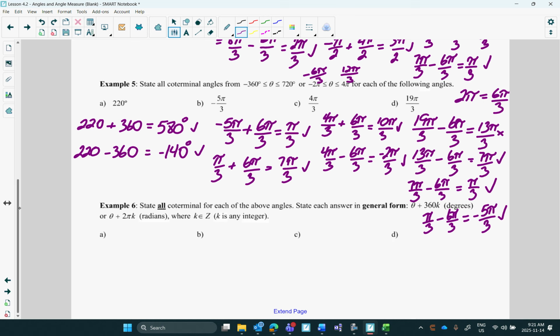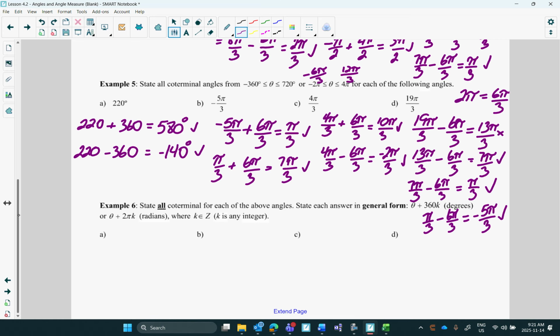Finally, and this is just notation that you have to remember. What if you were asked to find all coterminal angles? There was no restriction in the interval. Very straightforward. If it's in degrees, write this: the angle plus 360 times k, where k is any integer, and we represent that by the letter Z. If it's in radians, instead of going 360k, do 2 pi k.